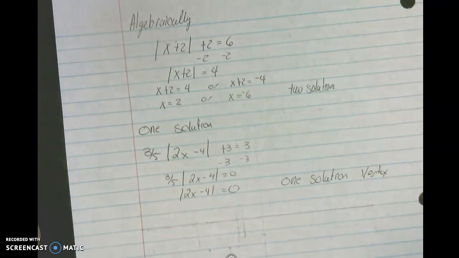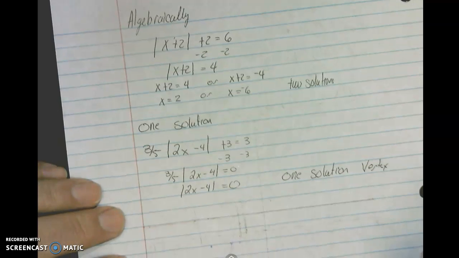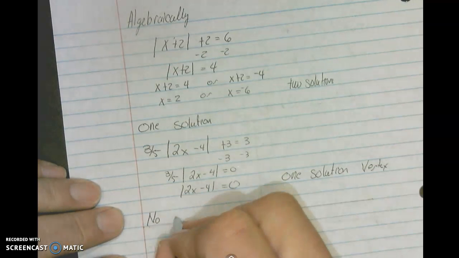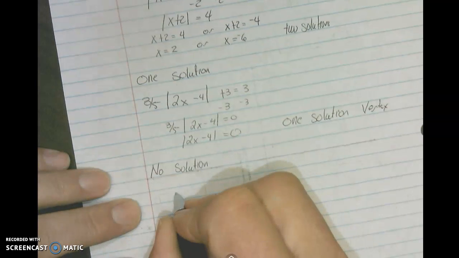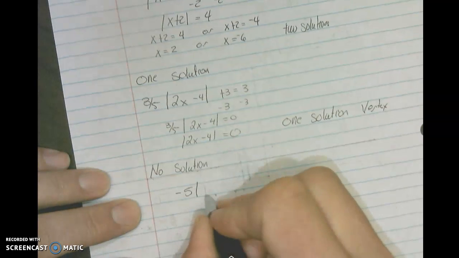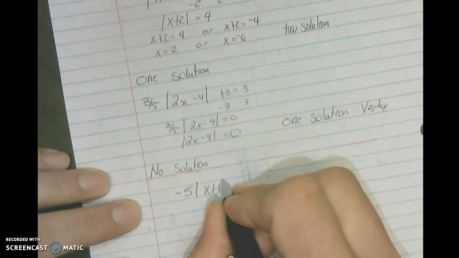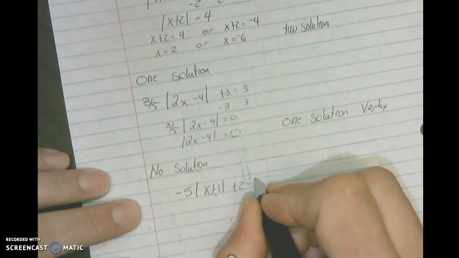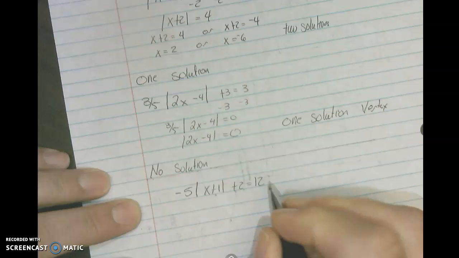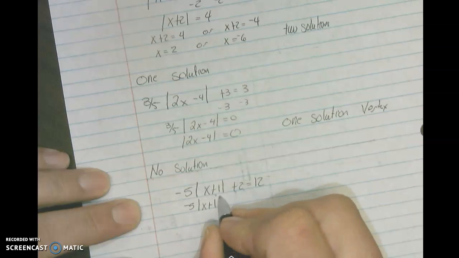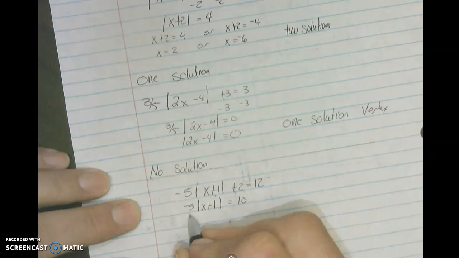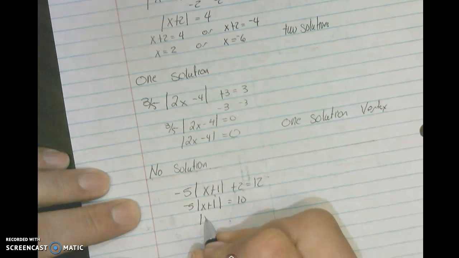Okay, that one's nice. You can also have no solution, and I'll show you what that looks like. So we got negative 5 absolute value of x plus 1 plus 2 is equal to 12. So I subtract the 2. Divide by negative 5.